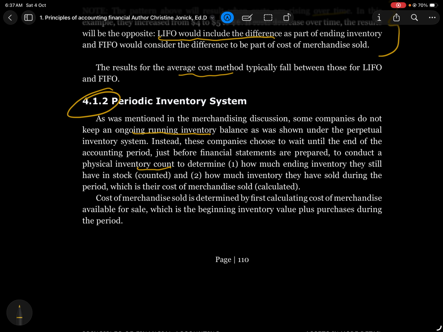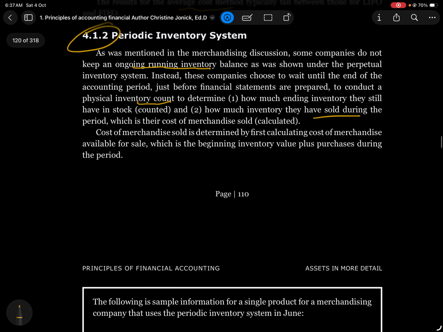When they do an inventory count, they count how much ending inventory is there, and how much inventory they have sold can be determined.